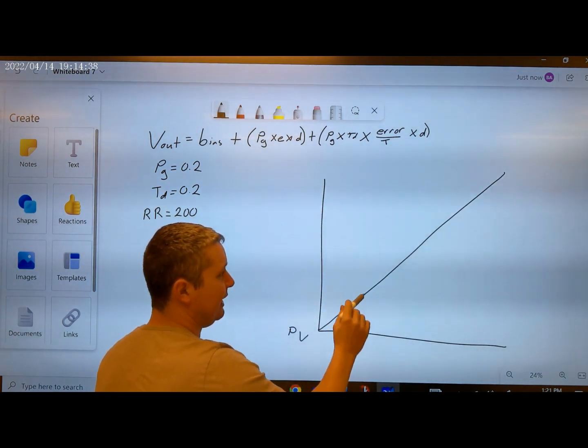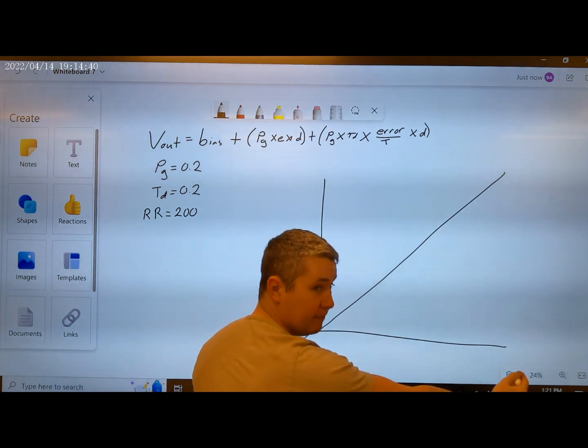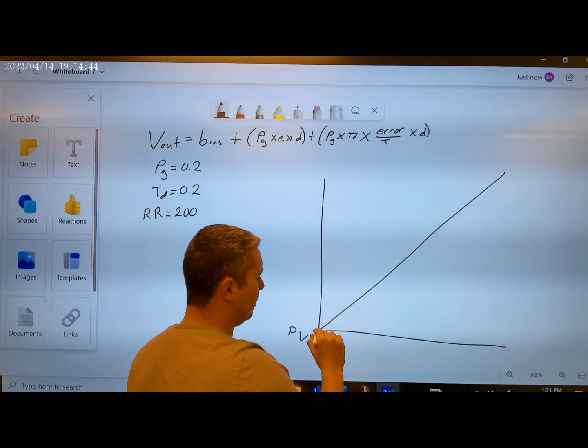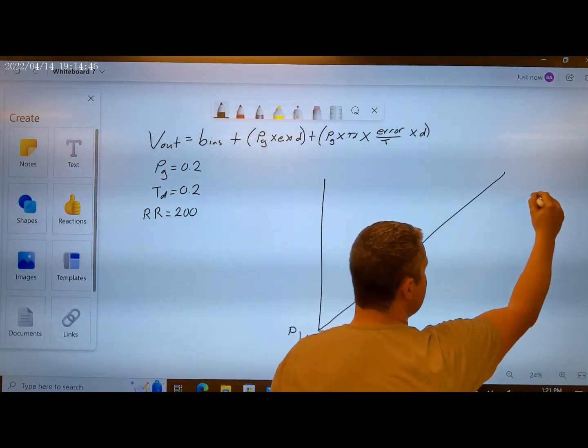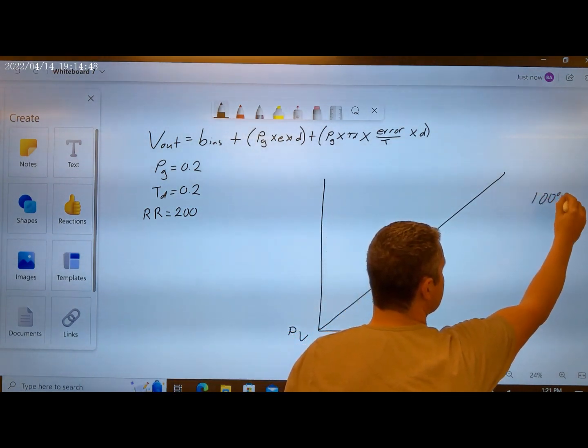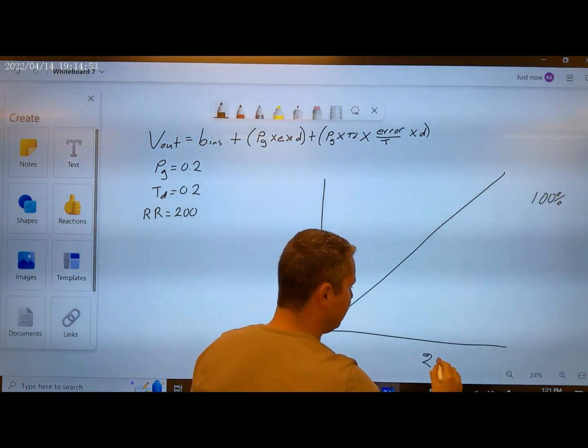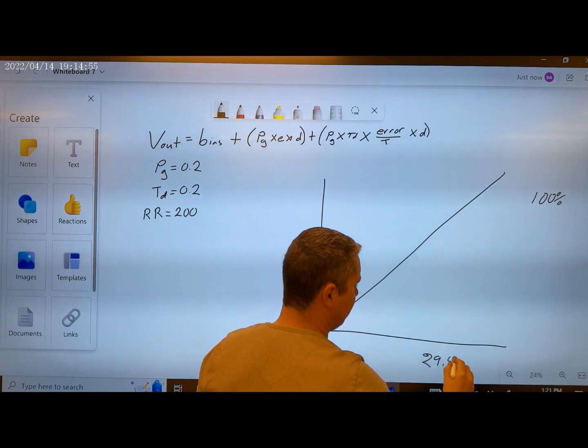We have an error over time, right? So in this case, let's say our error was 100% over 29.4 seconds.